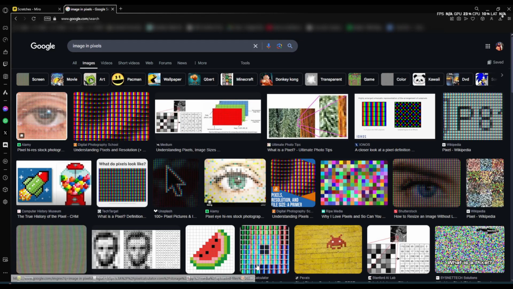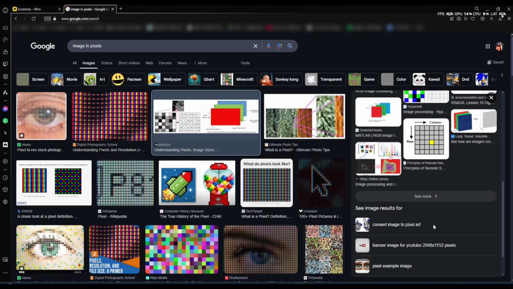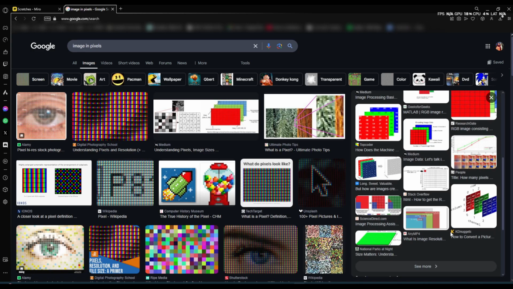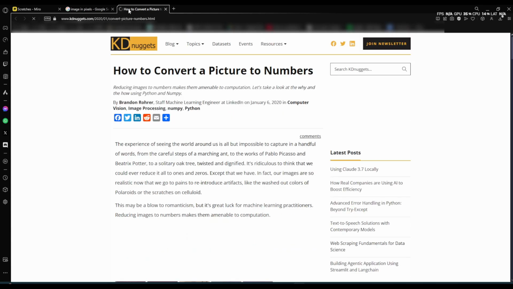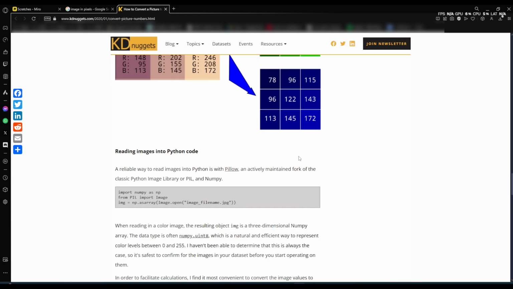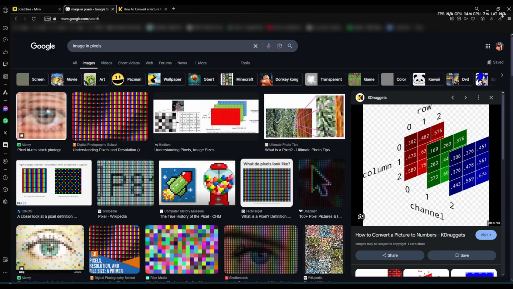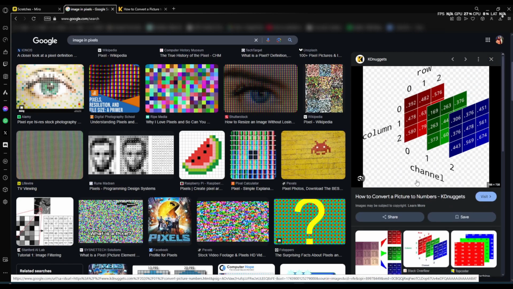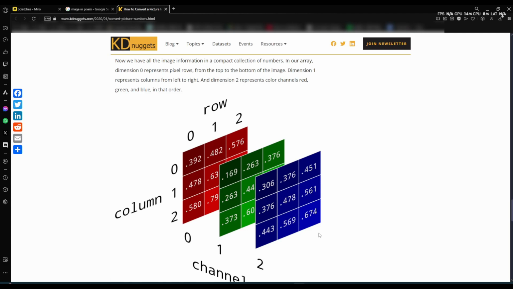As you can see, these numbers, in a picture, a picture is formed by these layers.